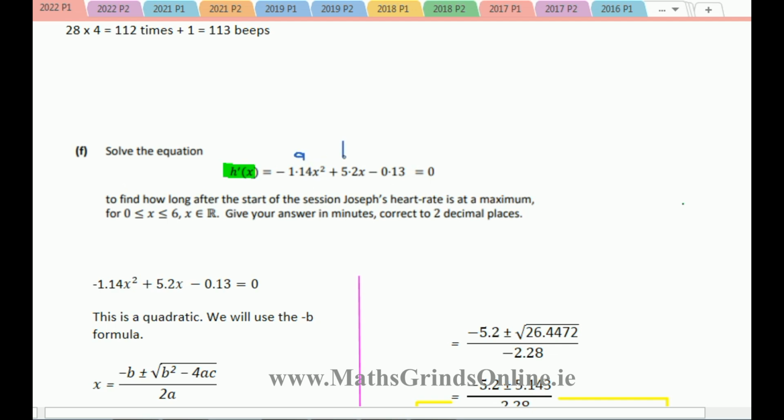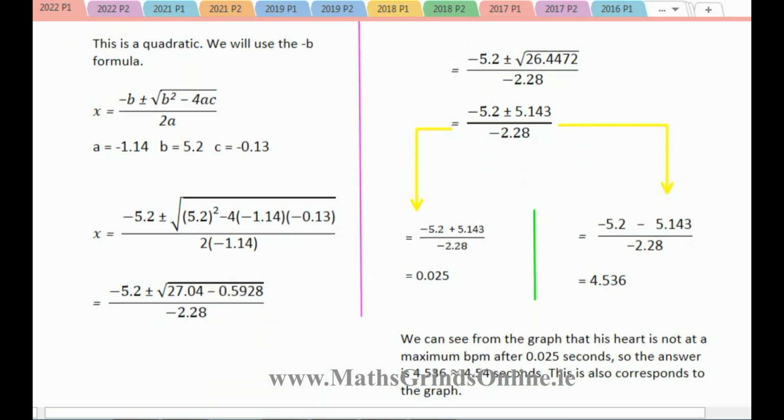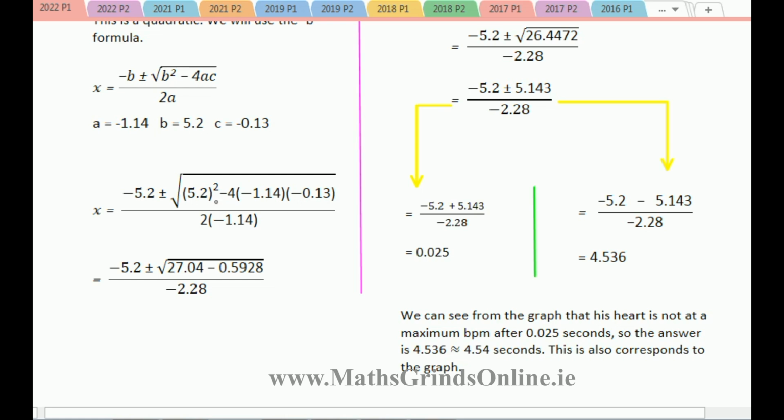The A, B, C, minus b formula. See over on the left hand side of the screen there, I've written the formula and a, b, c, and I'm subbing in here. Okay, so it's the minus b formula, so that's minus 5.2 plus or minus the square root of b squared minus 4 times a times c, all over 2 times a.